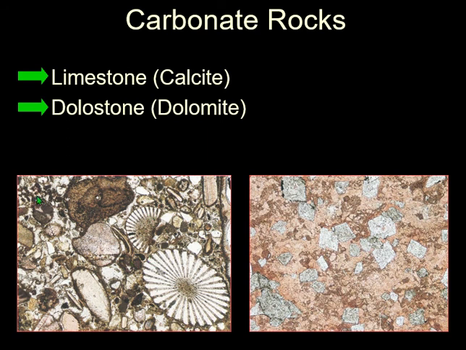But it may actually be a precipitate, a chemical precipitate of calcite out of the sea and into the seabed. Dolomite is from replacement of calcite with a magnesium-rich mineral known as dolomite.